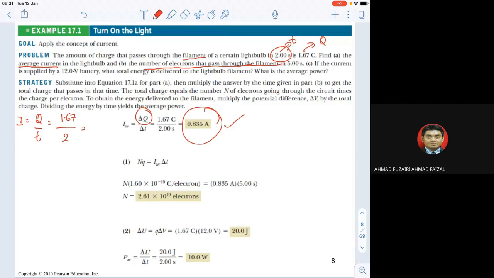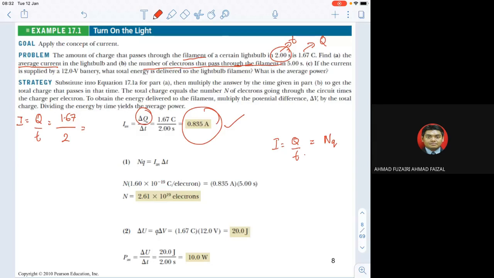So first of all, start with I equals Q over t, and remember Q at the microscopic level becomes N times q. N is called the number of electrons.